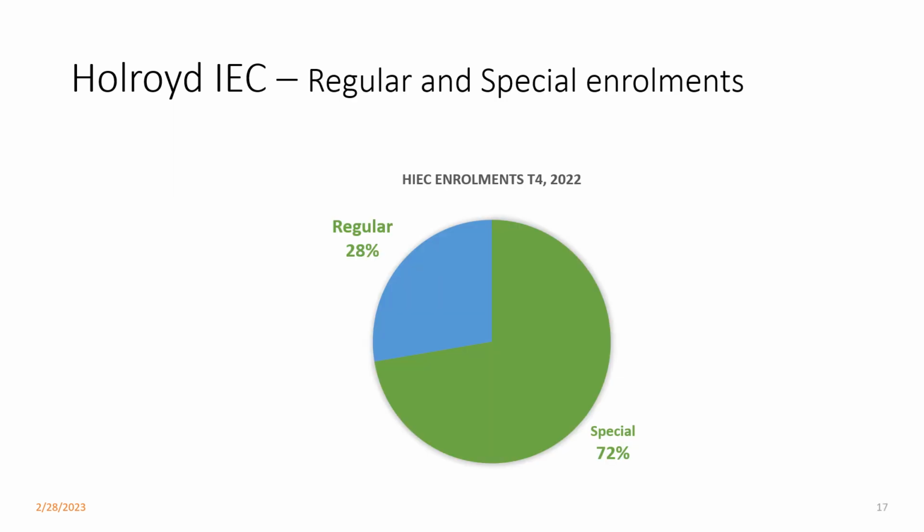When students come to enrol at an intensive English centre, they're either categorised as regular or special enrolments. Regular enrolments are those who have had regular schooling in their first language, and they may have had exposure to English, but usually they've just had regular education in their home country before coming to Australia.